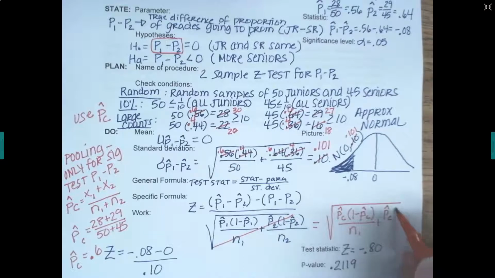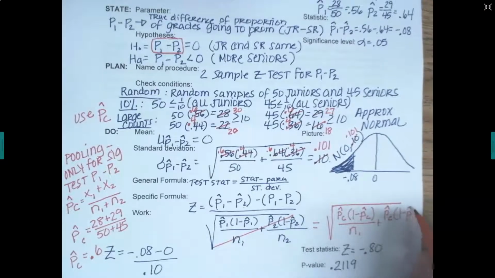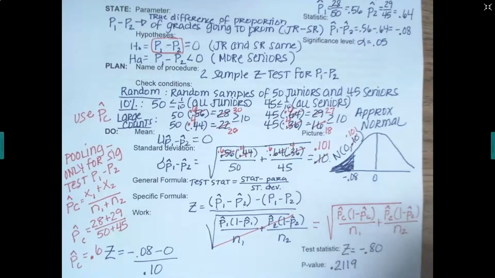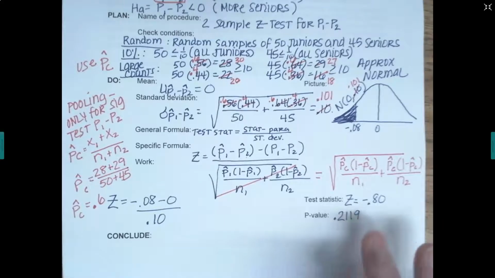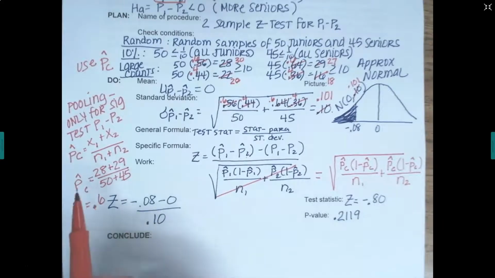The pooled proportion times 1 minus the pooled proportion divided by the second sample size. Okay, it's a little different than how it's written on our formula sheet, but it's kind of easy to remember and use if you remember to pool.